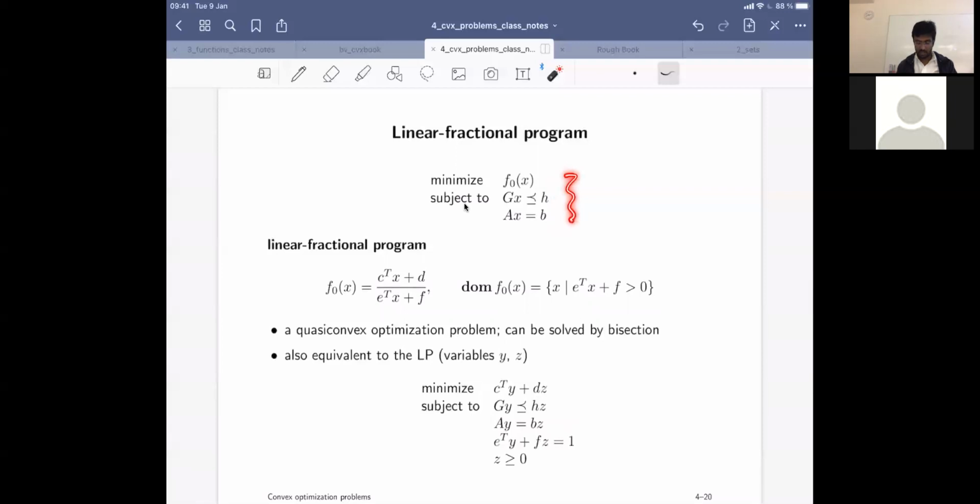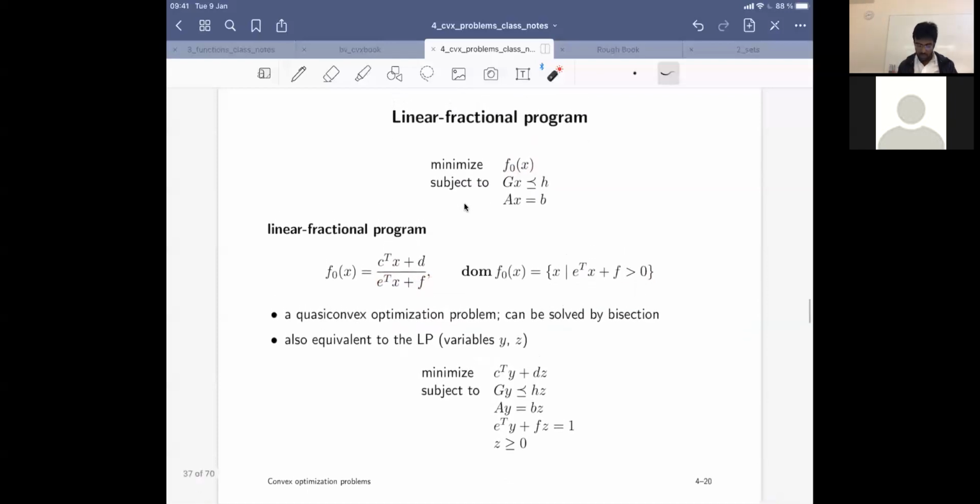You can say this is LP when f0(x) is an affine function. Now this is a linear fractional program when f0 is given by a linear fractional function that we already saw. What is a linear fractional function? That is a function of this form where the denominator has to be positive. This we already saw. Now, how can we solve this?